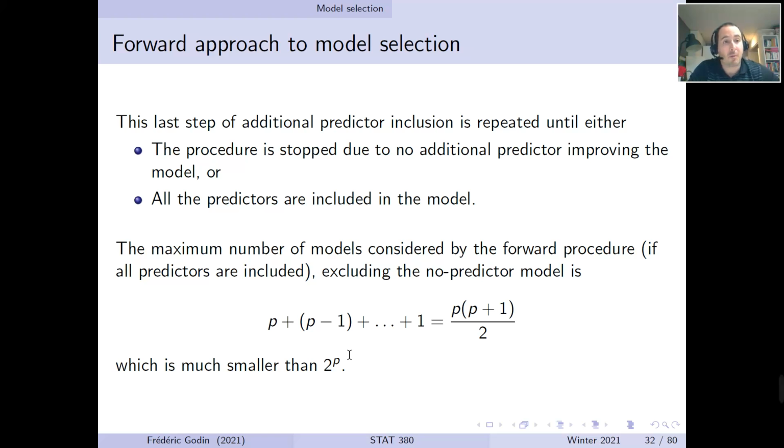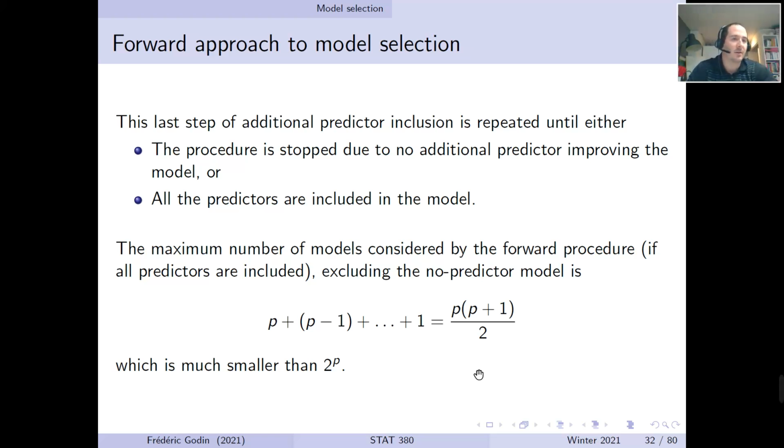So the stepwise approach allows us to only consider a subset of possibilities of predictor combinations, but this subset doesn't mean that you'll absolutely pick the best possible model.